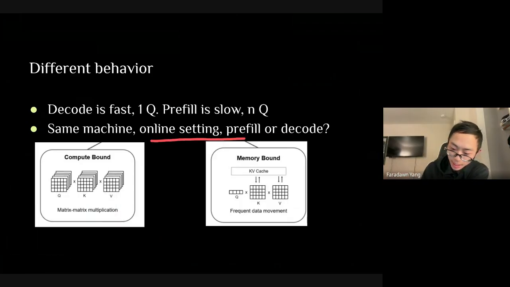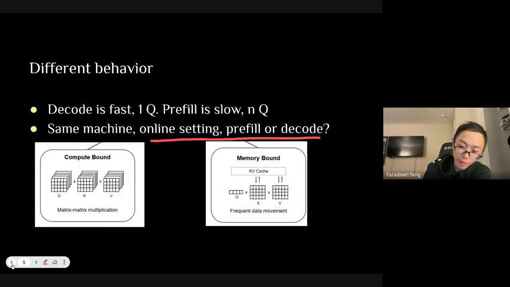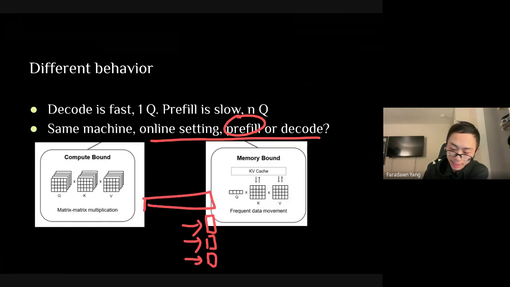Yeah, so the question is, in this setting, should you prioritize prefill or decode if you only have one machine? If you prioritize prefill, what will happen? The ongoing chat, the decode chat, will need to wait until a long prefill is processed. But if you prioritize decode, the prefill will need to wait.